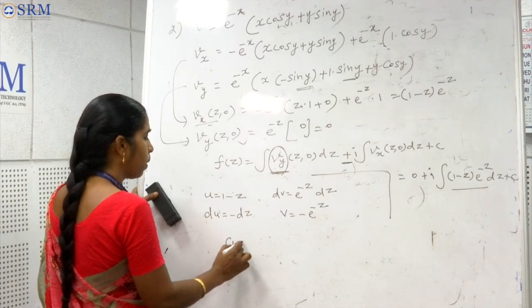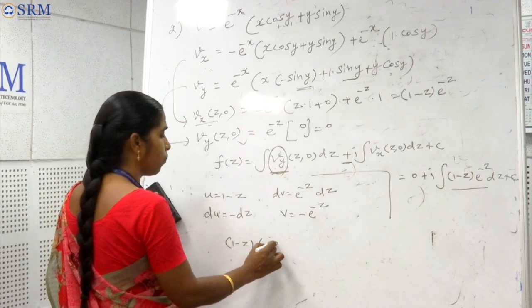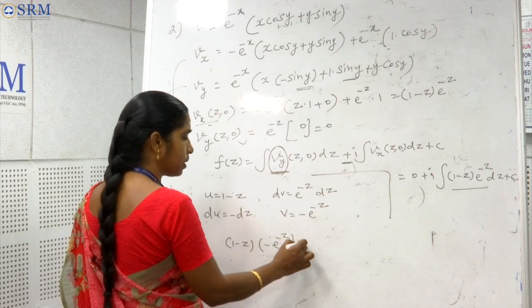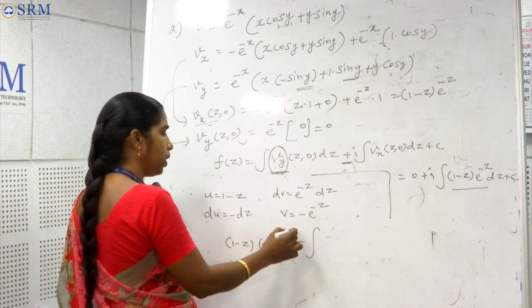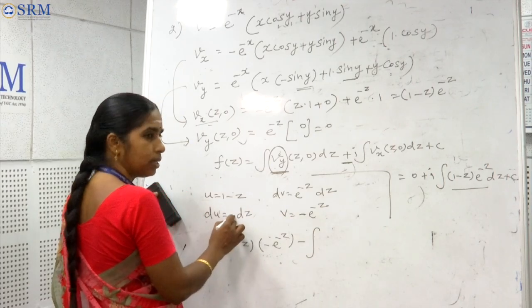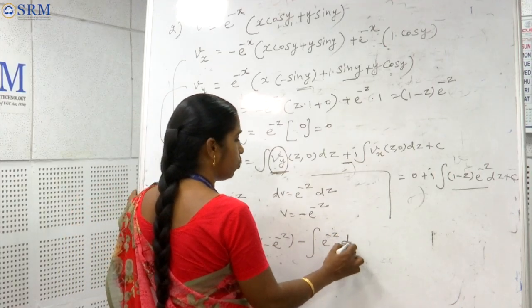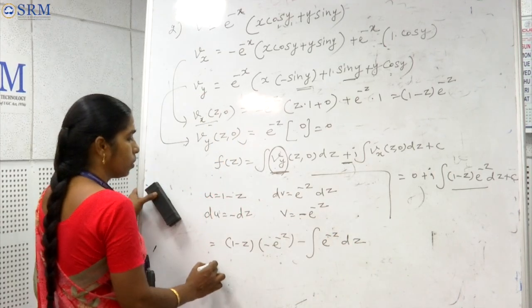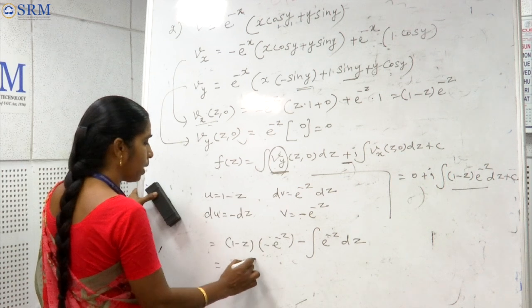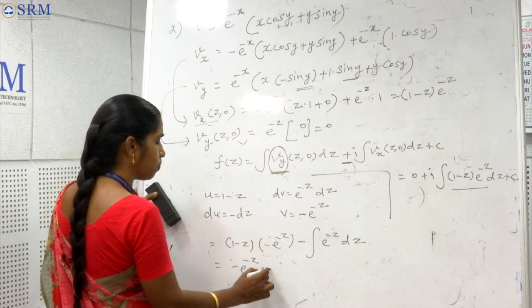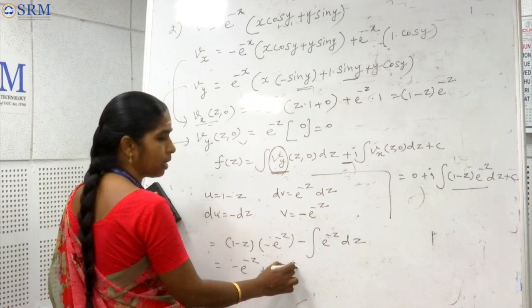uv is (1 minus z) into minus e power minus z, minus the integral of v du. Here also minus, this also minus, minus into minus is plus, so e power minus z dz. So minus e power minus z, plus z into e power minus z.